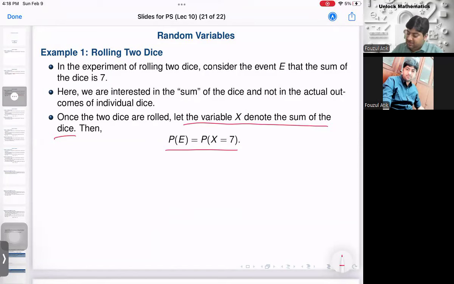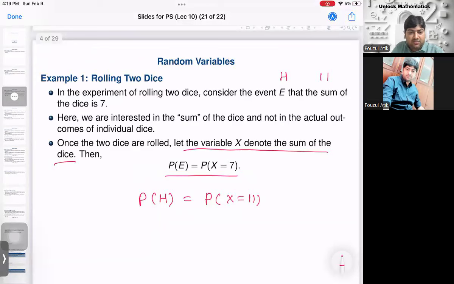Suppose H is the event that the sum of the dice is 11. In that case, P of H is equal to P of X equal to 11. Correct? So we made a new variable.